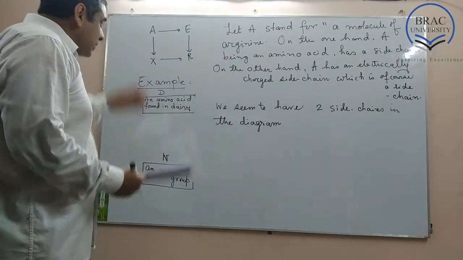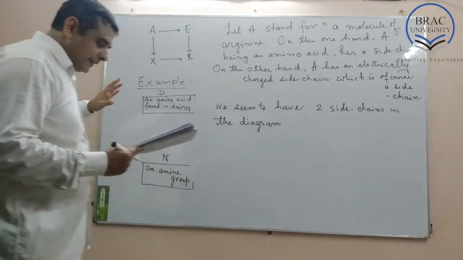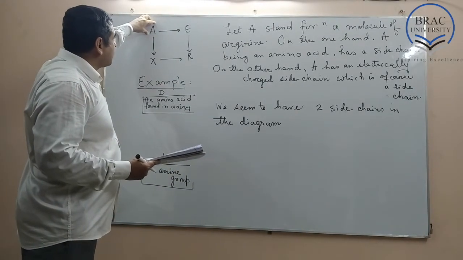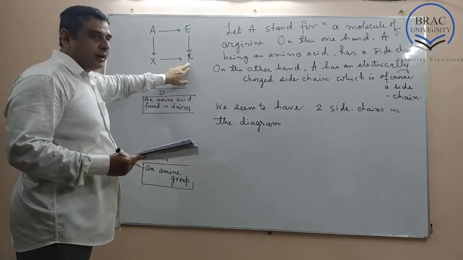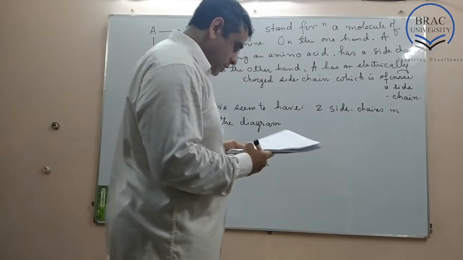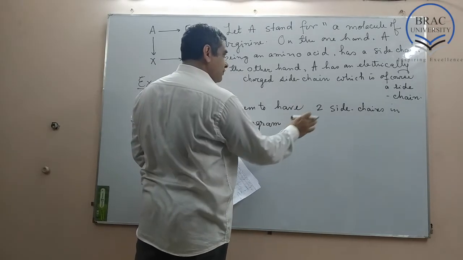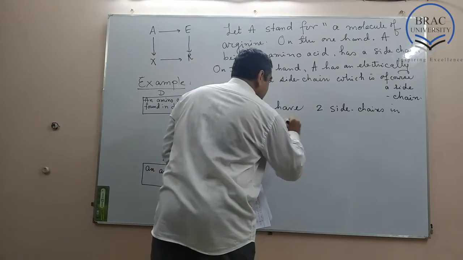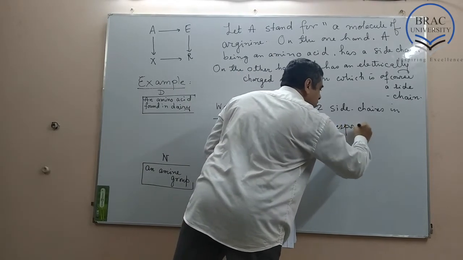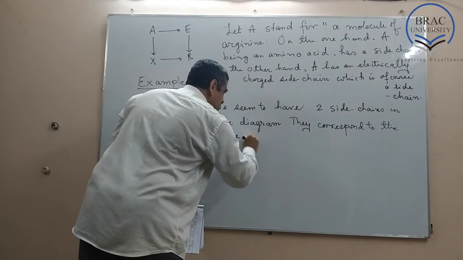Alright? So what does this commutative diagram tell you? This commutative diagram tells you that the result of going from A to R is the same for both paths. Okay? So in general, we seem to have two side chains in the diagram, but they correspond to the same physical thing.